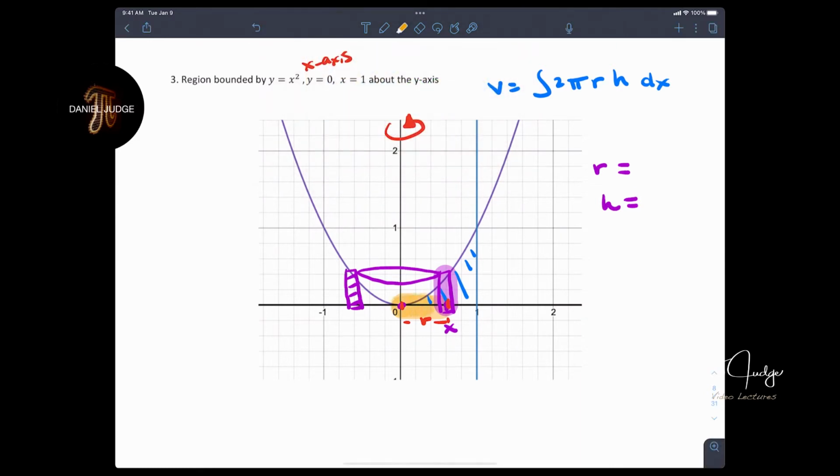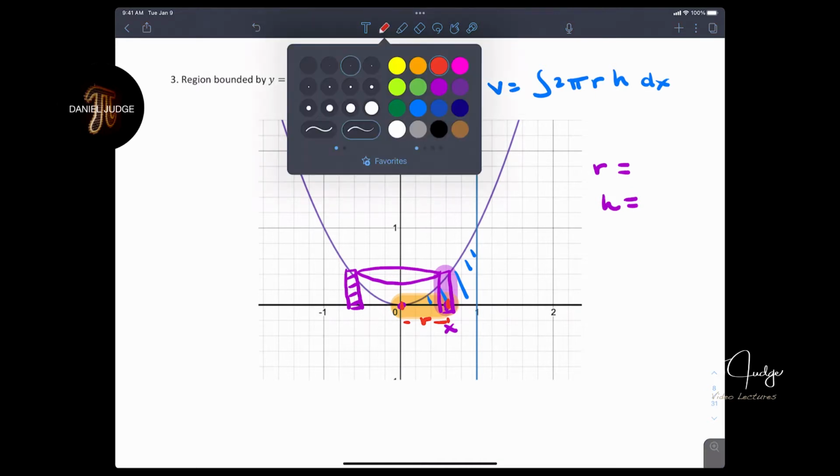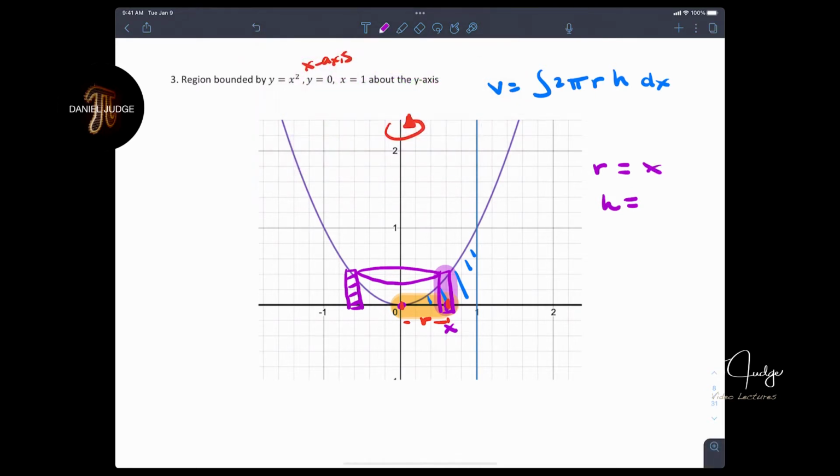So you'll have here for the radius x minus 0. Here is 0. That's the position. And that's how we get the radius simply being x. So your radius here is x. And that's how we find a horizontal distance.